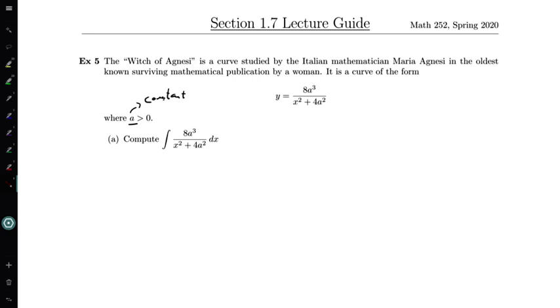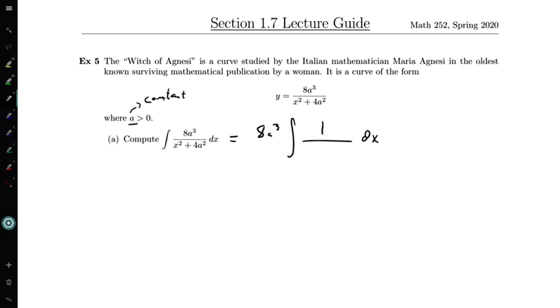Instead, what I'll notice is that this looks like the integral formula that involves arctangent. This looks maybe kind of like 1 over x squared plus 1. And in fact, it is going to be very similar to that. We just need to deal with these constants appropriately. So we can factor the 8a cubed in the numerator out of the integral. And so that's going to get me 8a cubed out times the integral of 1 over something dx.